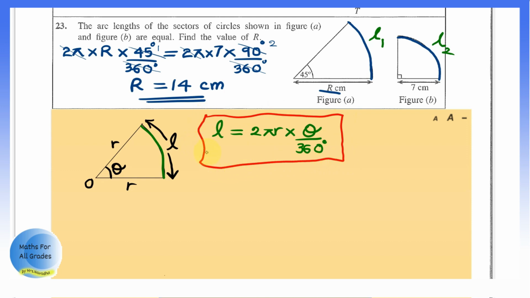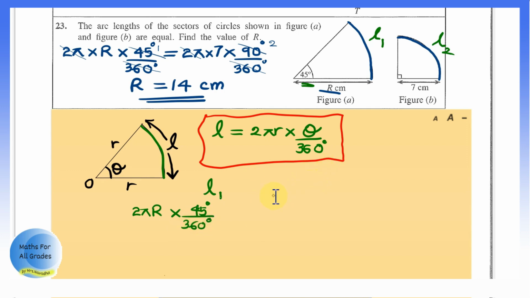Remember this formula. In this question it says these two arc lengths L1 and L2 are equal. So I'm going to write down an expression for L1. 2 pi r, where r means radius. Here it's capital R times the angle, here 45 degrees, so 45 degrees out of 360 degrees.